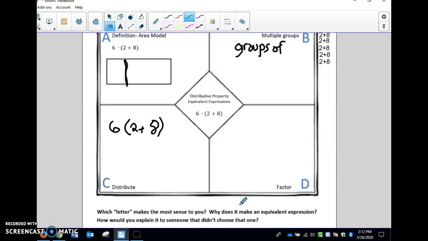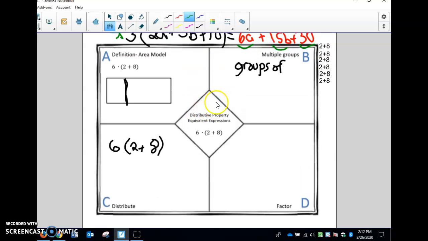So if somebody were to choose box A, that you feel like you really understand, but somebody didn't choose that one because they don't understand it, I want you to be able to explain why it makes an equivalent expression in a way that they would be able to understand. As you're looking at other people's responses through the course of this discussion, hopefully you'll get a really well-rounded understanding of all of these different examples.